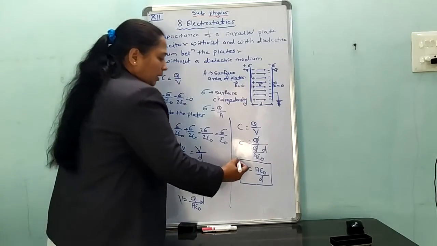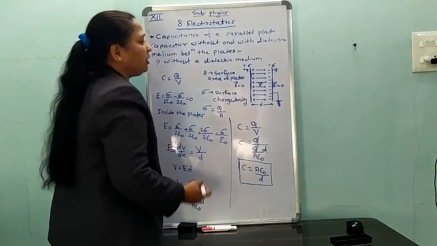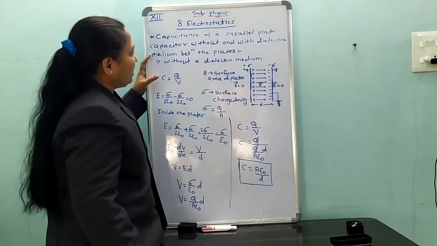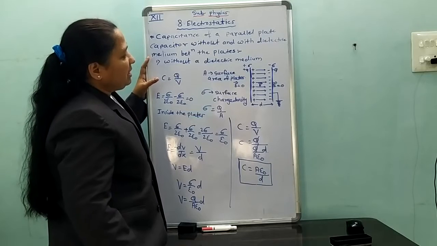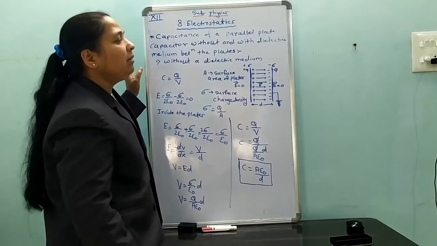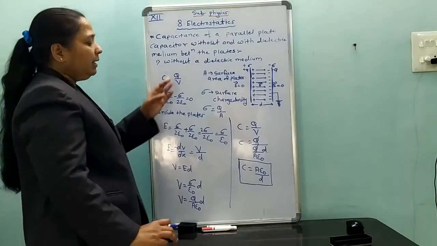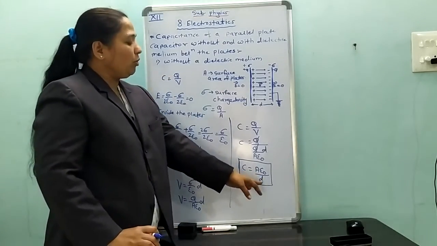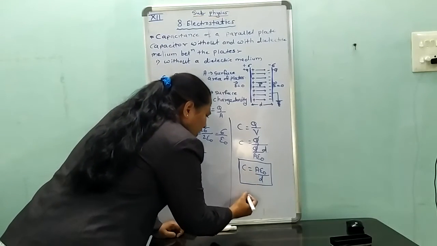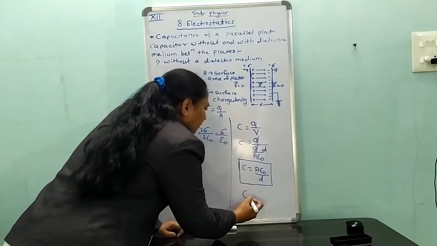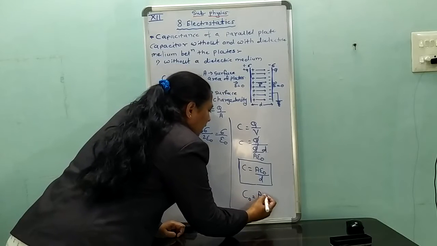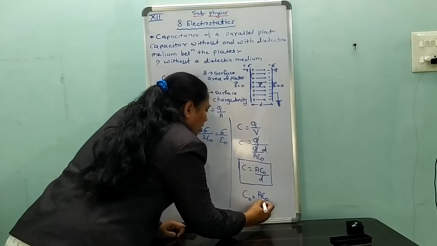Therefore, we obtain an expression for the capacitance of the parallel plate capacitor when air is kept between the parallel plates: C is equal to A epsilon naught upon d. When air is kept, C naught is equal to A epsilon naught upon d.